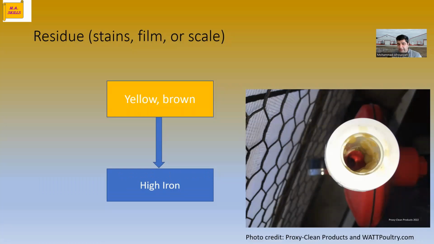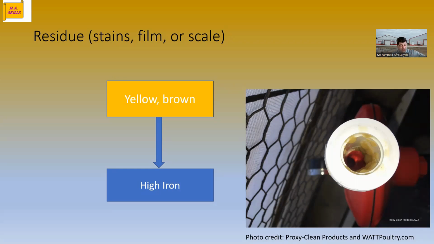If you see yellow or brown scales or film inside your water line, it might be because of high iron. So, you know, here, for example, you can see a picture. Over there, we can see biofilms inside the water line.